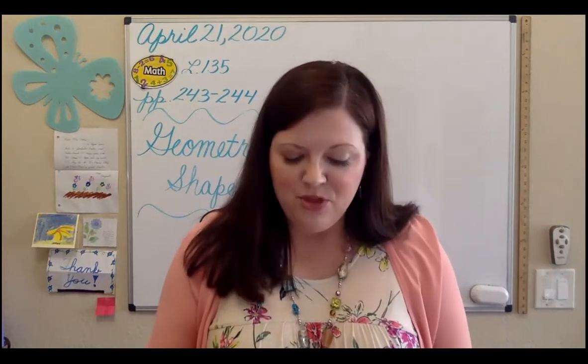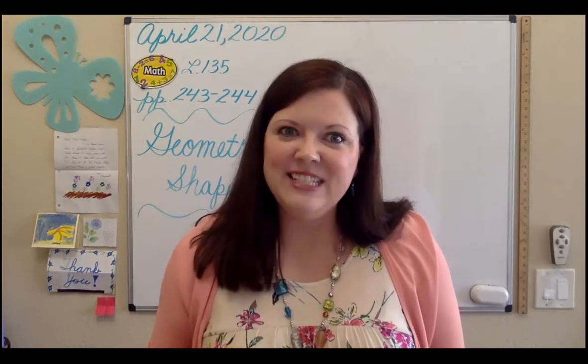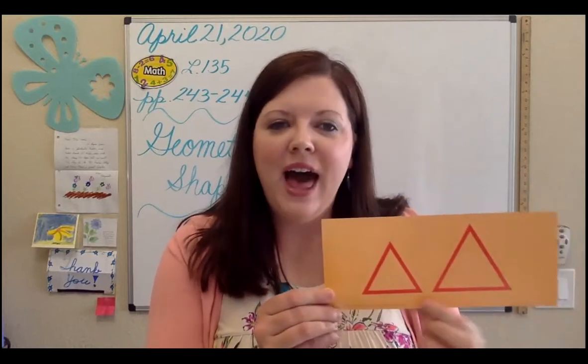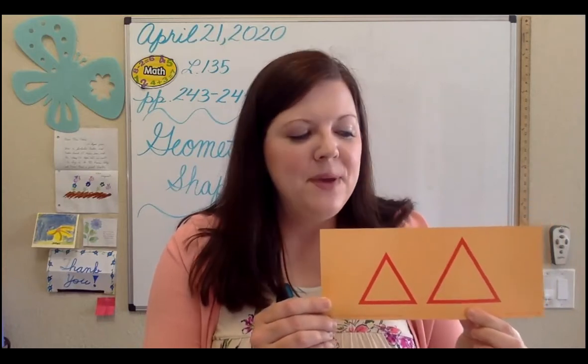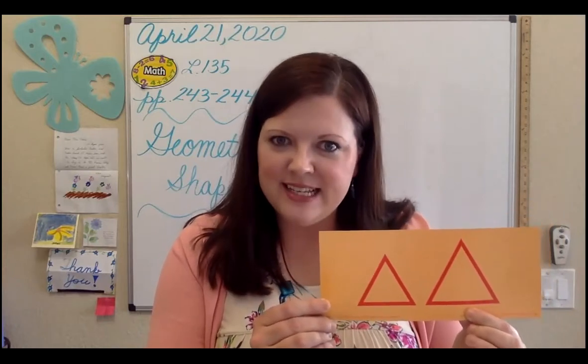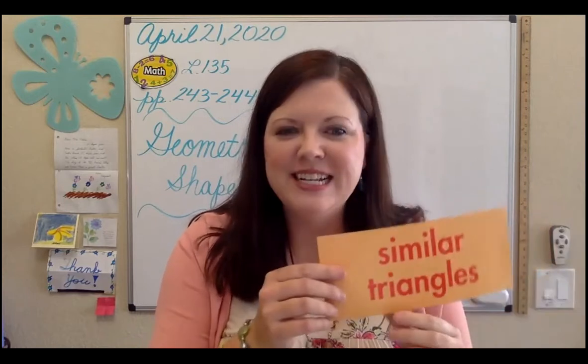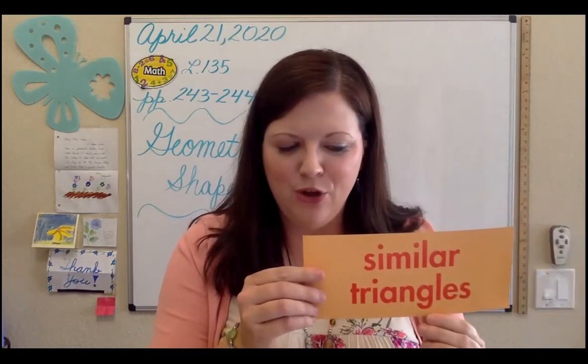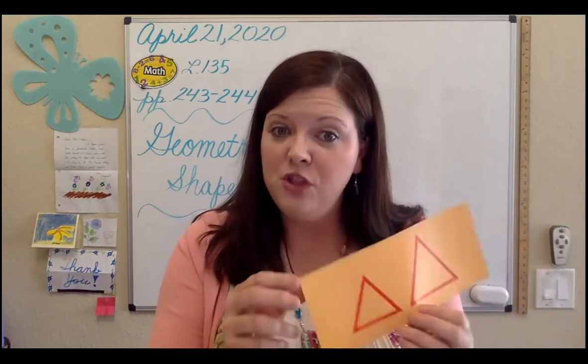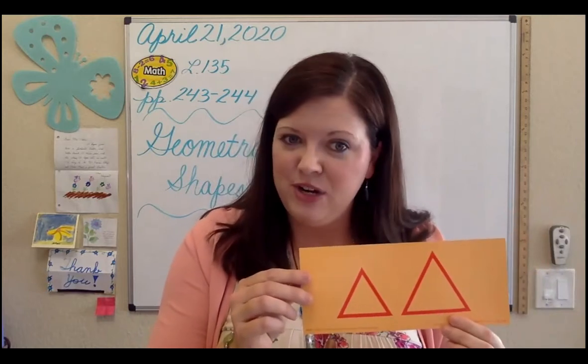Well, the first thing that we're going to talk about is, we talked a little bit about this yesterday, but if we have 2 items that are the same shape, but they're different sizes, we say that they are similar to one another. They're the same shape, but they're different sizes.